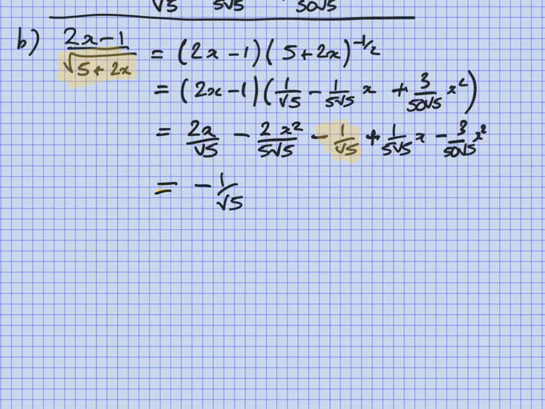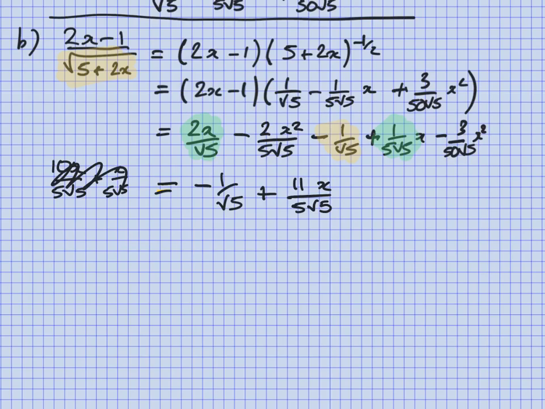Then I need to take the terms with an x in them, which gives me, we want to multiply that by 5, so it's got a common denominator. So that's 10x over 5 root 5 plus 1x over 5 root 5. Altogether, that's 11x over 5 root 5.